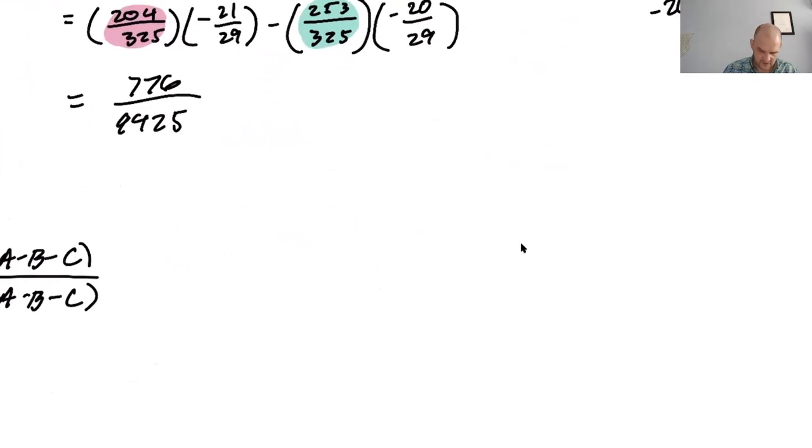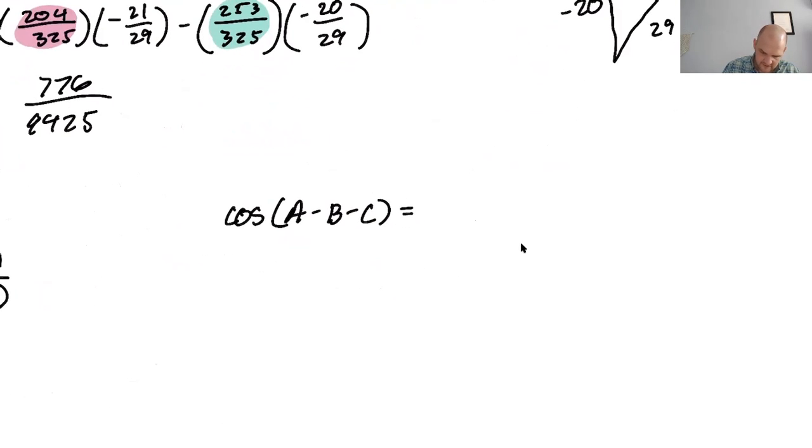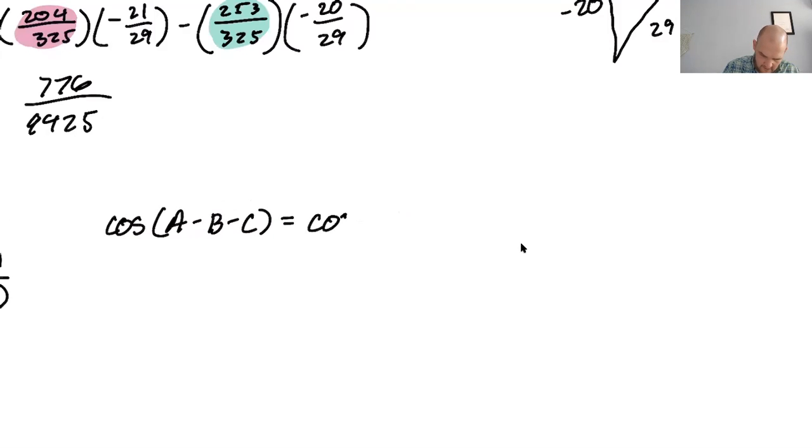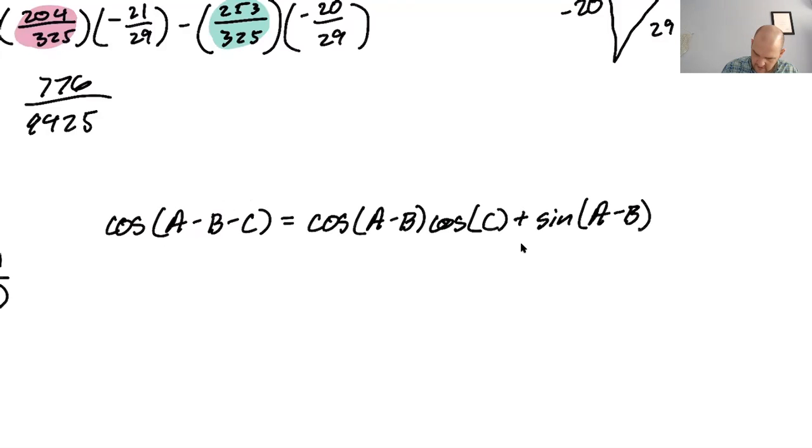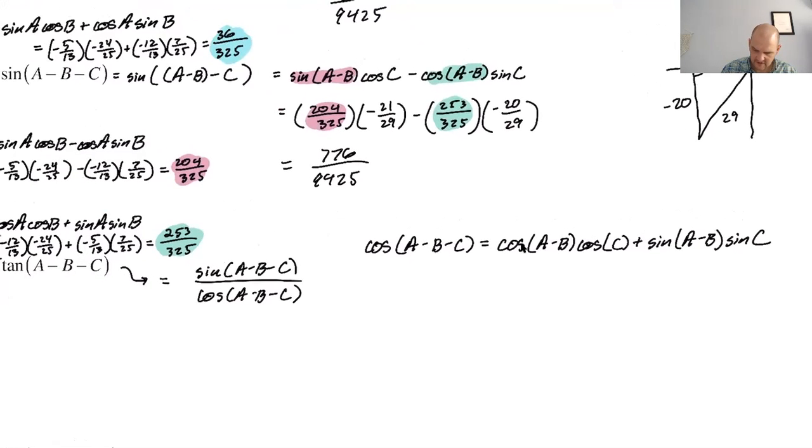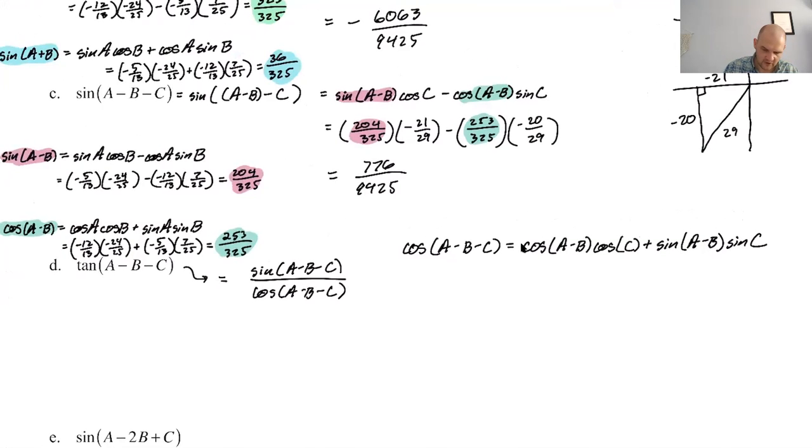And I have a lot of room, so I'm going to do it over here. So the cosine of a minus b minus c is going to be cosine of a minus b, cosine of c, and then plus the sine of a minus b and the sine of c. So do we have some of these values? It's really nice, we have all of these values.